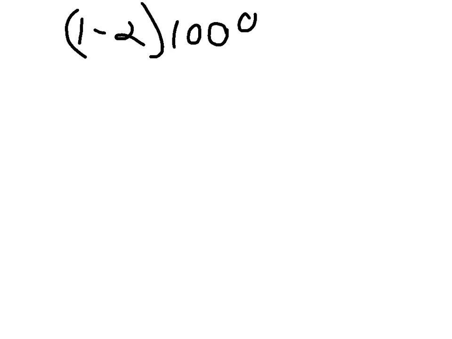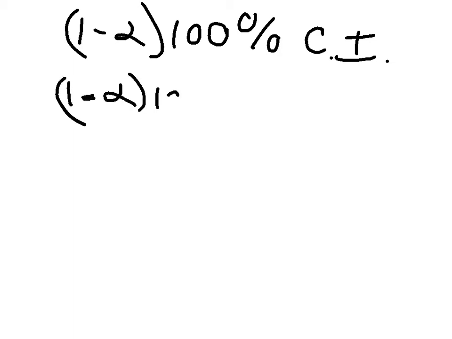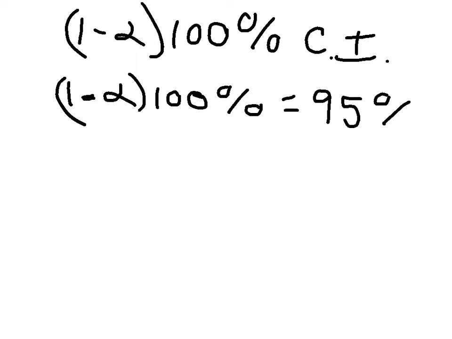When we look stuff up on the normal table, when we're given a question, a 1 minus alpha times 100% confidence interval for mu, we start out with something like 1 minus alpha times 100% equals 95% in the case of a 95% confidence interval.